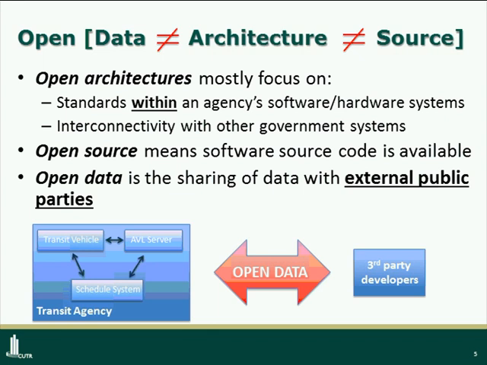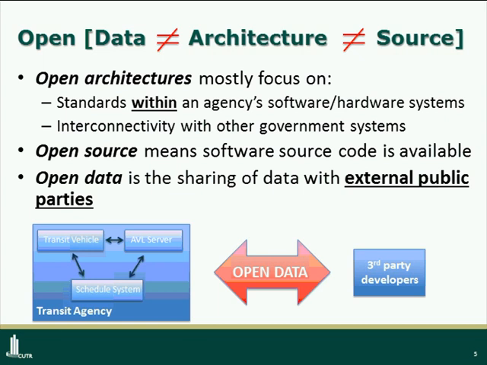The term open architecture focuses on standards within an agency's own software or hardware system. So in the diagram that we have in the lower left-hand corner, we have a transit agency that has things like a transit vehicle, a scheduling software system, an AVL system. So an open architecture allows an agency to plug in different components within their own infrastructure, relying on different formats to do that that are open and not proprietary to a particular vendor.